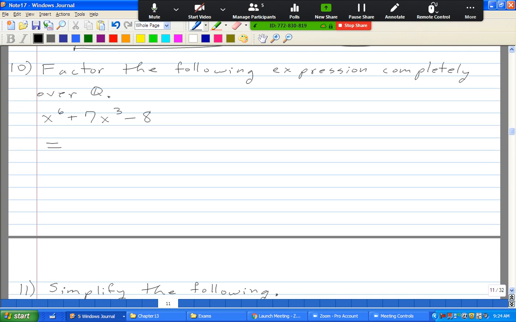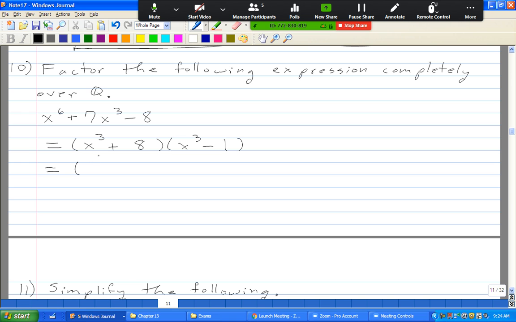So I can factor this as follows. So this is x cubed. Bring down the plus. Times minus is minus. I want two whole numbers whose product is 8 and whose difference is 7. So 8 and 1. Well, I can factor this because this is a sum of cubes.